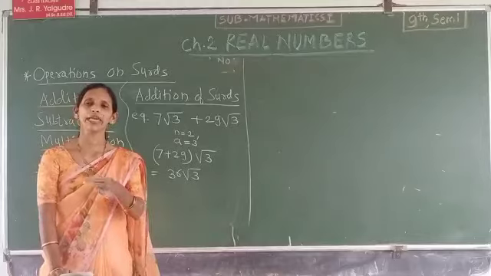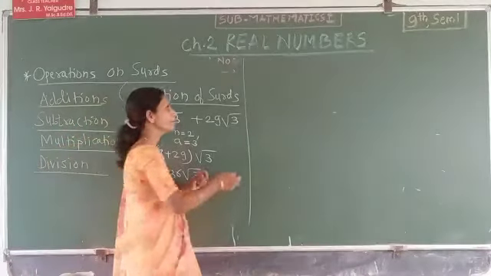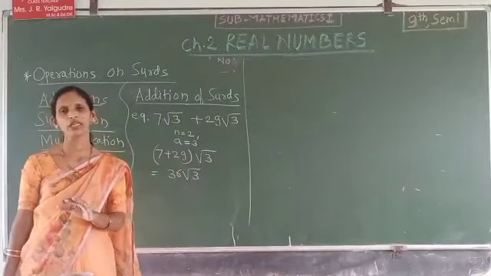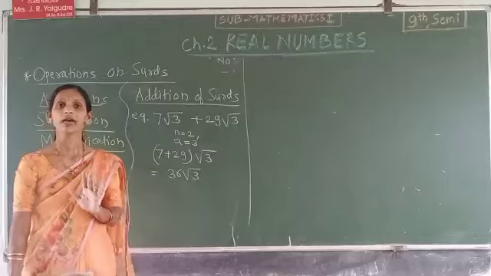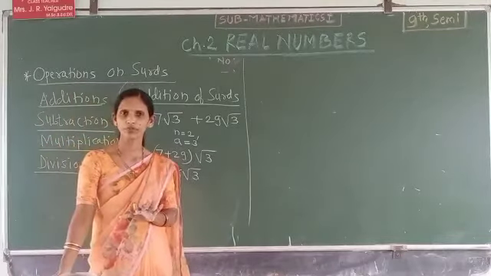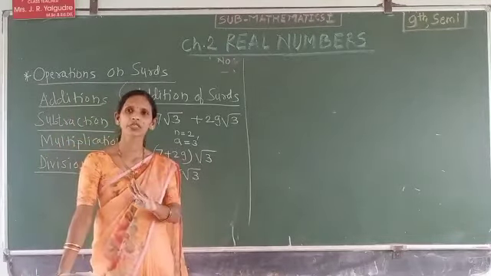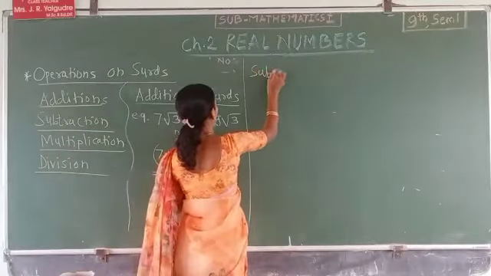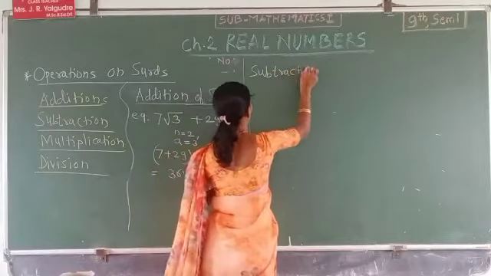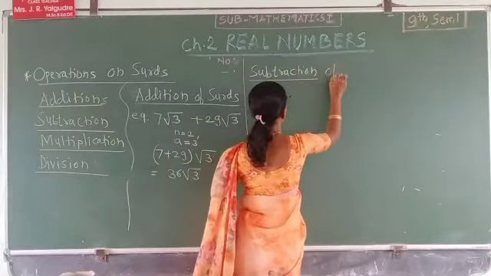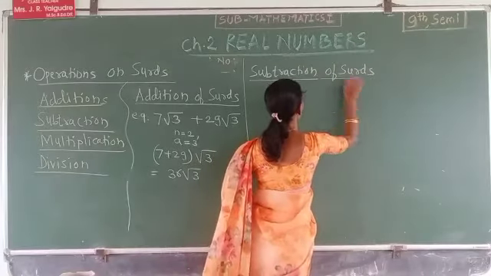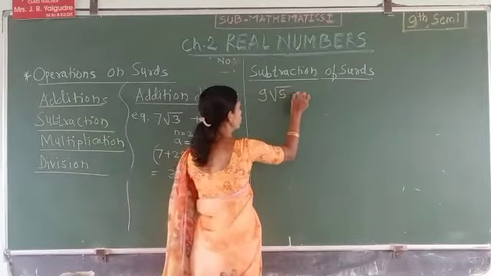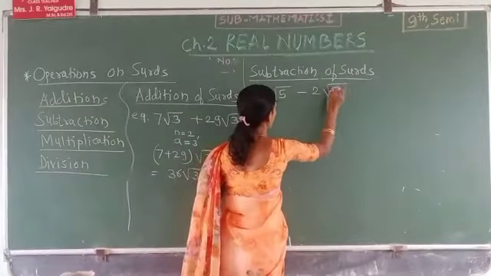Then, taking a few examples from the practice set, you may practice solving examples based on addition of surds as well as subtraction of surds. One more example that I am going to discuss with you is subtraction of surds. Then see here, 9 root 5 minus 2 root 5.